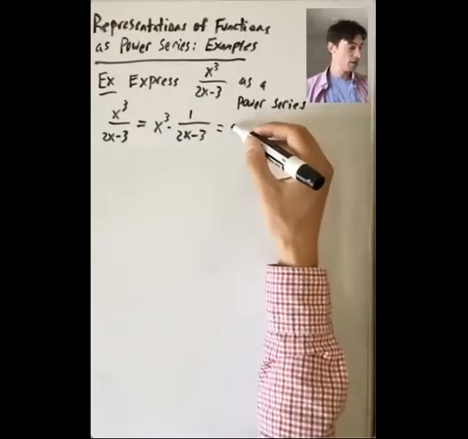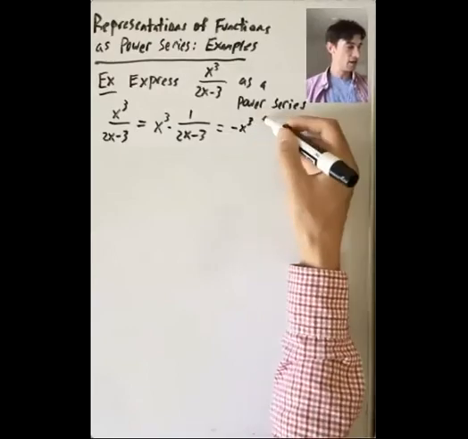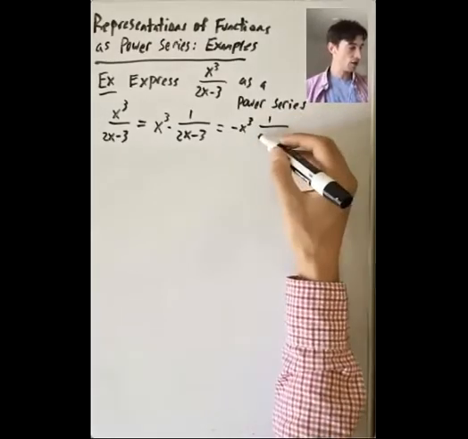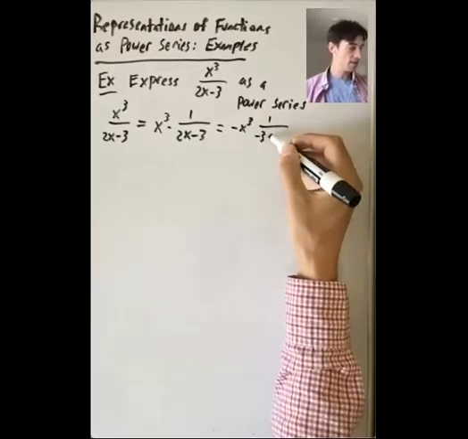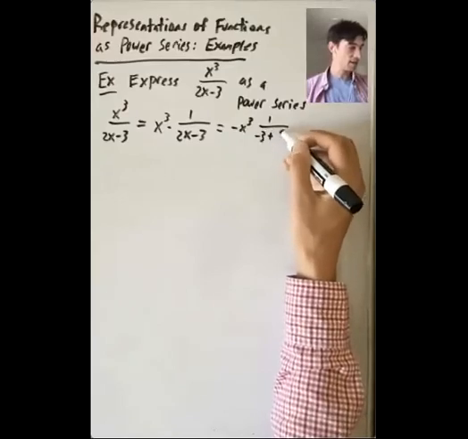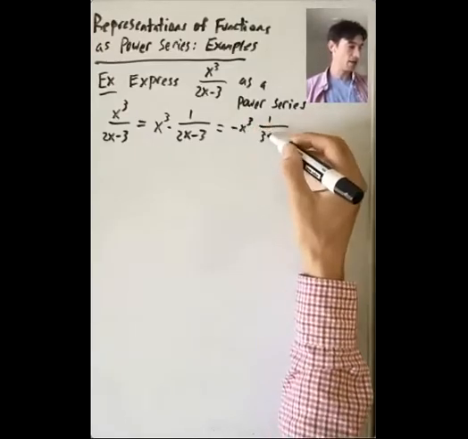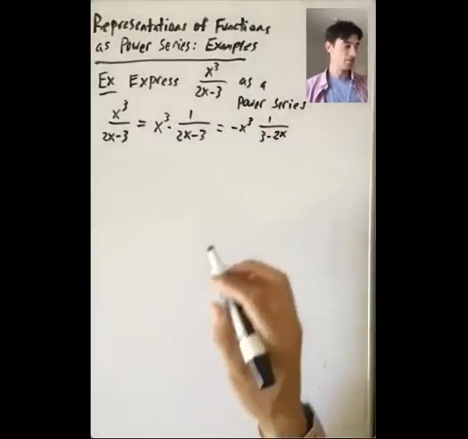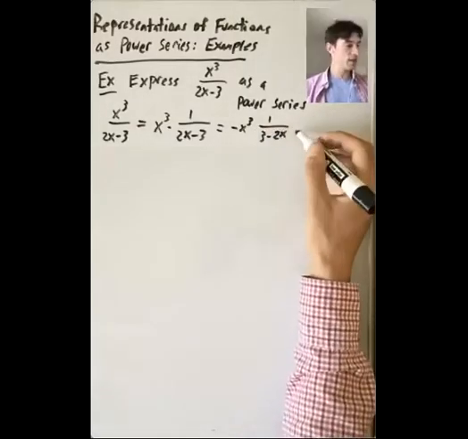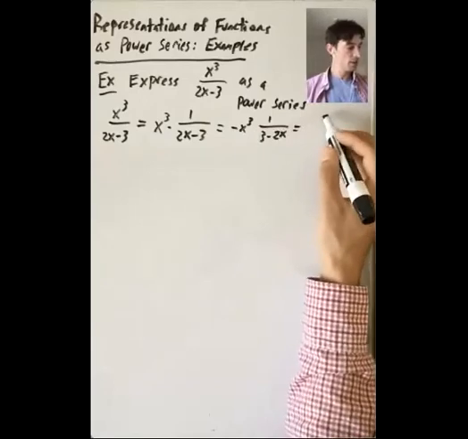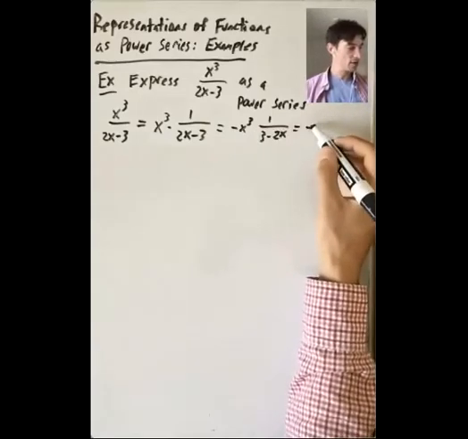So one thing we can do is factor out a minus 1. Now we have 1 over minus 3 plus 3 with this minus 1 minus 2x. And we don't want this 3 here, so we can do what we did before and factor it out.